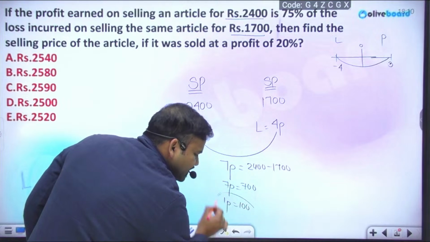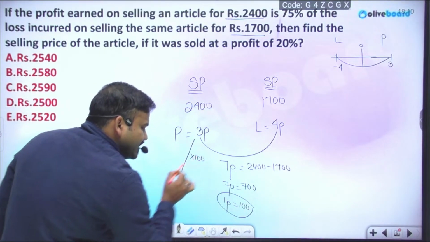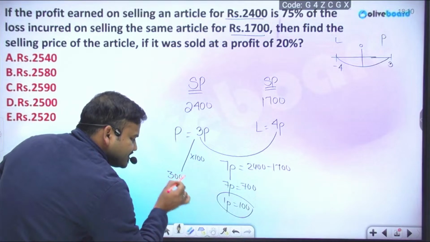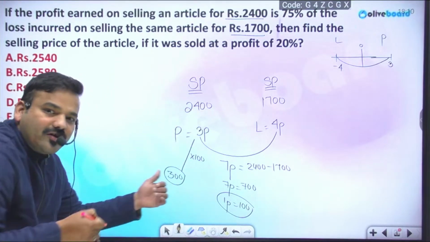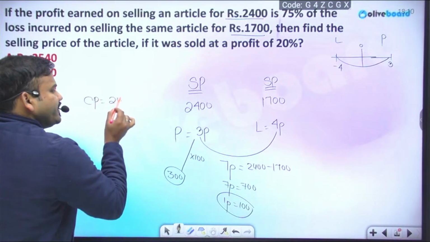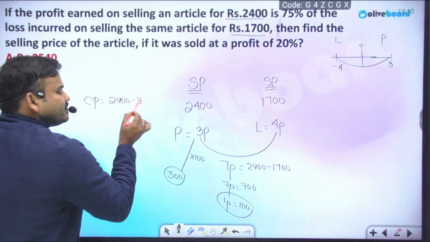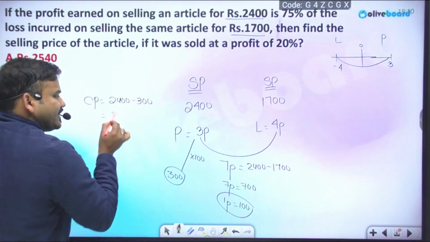And if 1 unit is 100 rupees, the profit will be 300. So if a person sells an article for rupees 2400 and makes a profit of 300, his cost price will be 2400 minus 300, that means 2100. So the cost of the article is 2100.